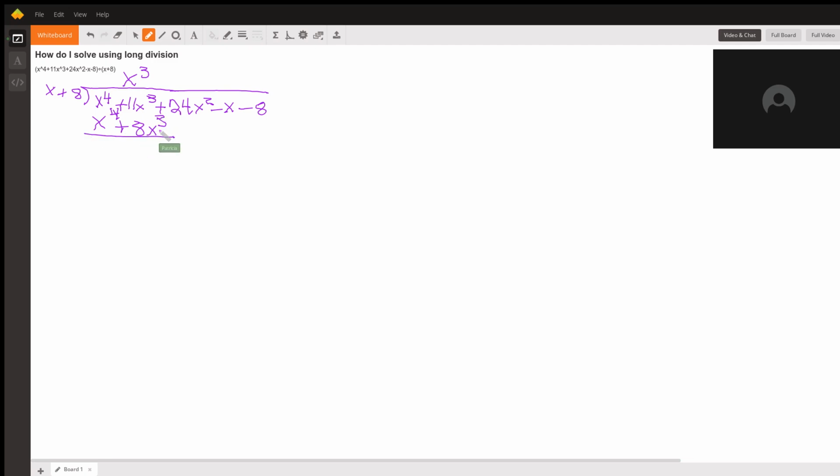Now, I have found that it works better for most students if instead of trying to subtract these, we simply change both of those signs, and now we can go ahead and add the two polynomials. X to the fourth minus x to the fourth is 0, and 11x cubed minus 8x cubed will give you 3x cubed.